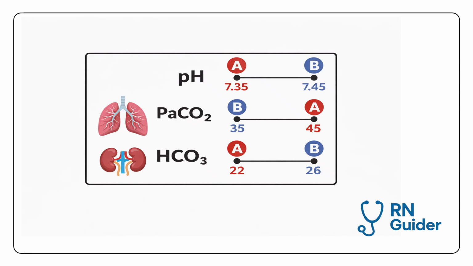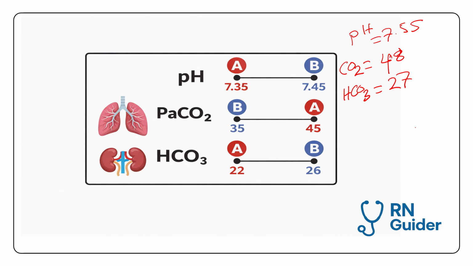Let's do another practice. I will give you one example: if pH value is 7.55, carbon dioxide is 48, and bicarbonate is 27.